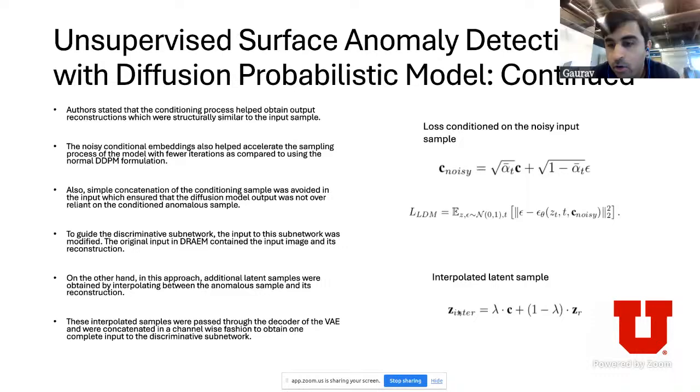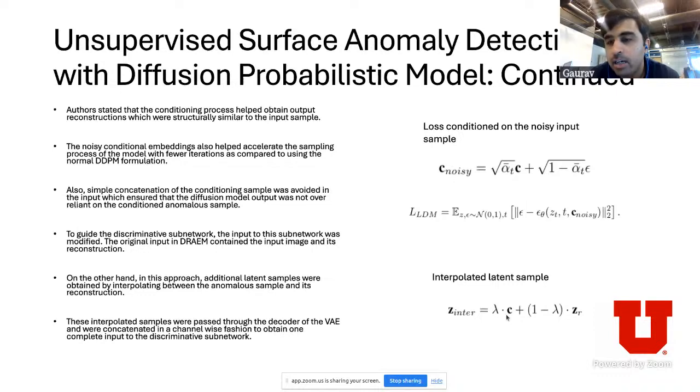The C noisy is just a noisy part of the simulated anomalous sample, or the condition sample. But Z_inter is different, because Z_inter is an interpolated latent sample corresponding to the normally reconstructed latent sample as well as the anomalous condition embedding.